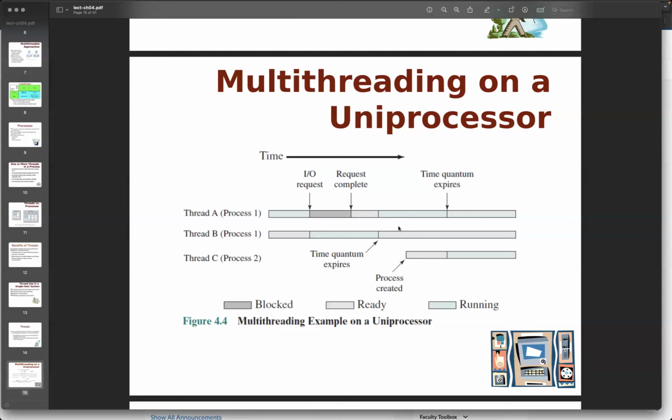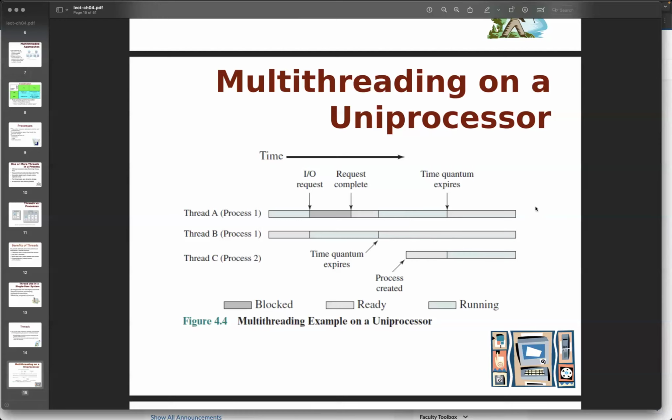Let's say a thread is executing, and thread 3 has already finished its time, so it's waiting. Based on this mechanism, the new one will execute after this one. So when this one finishes, and this one is already waiting, then I will execute thread C.